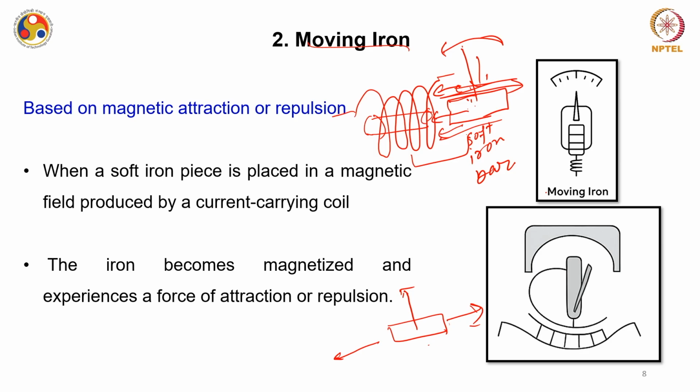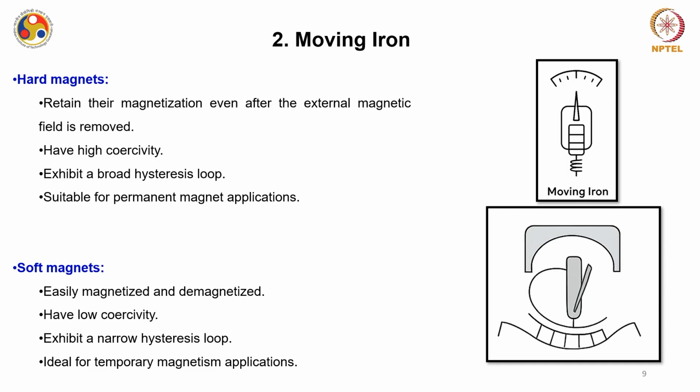Fine. So please note that you are using a soft magnet or soft iron. I am using the word soft iron because you have hard magnets also. Hard magnets basically retain their magnetization even if you remove the external magnetic field.